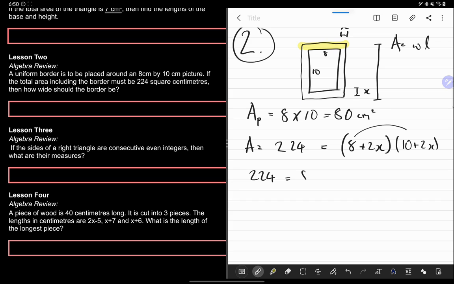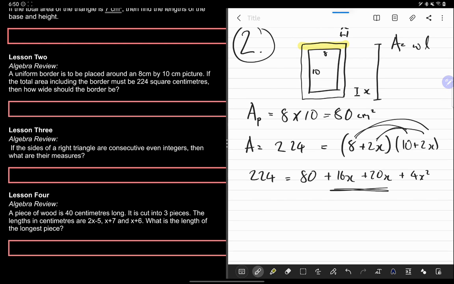Right, so 8 times 10 is 80. Then 16x. Now 2x times 10 would be plus 20x. 2x times 2x would be plus 4x squared. Okay, cool.